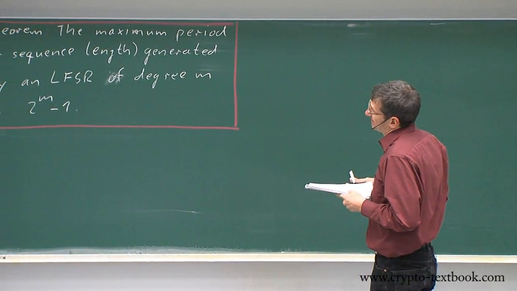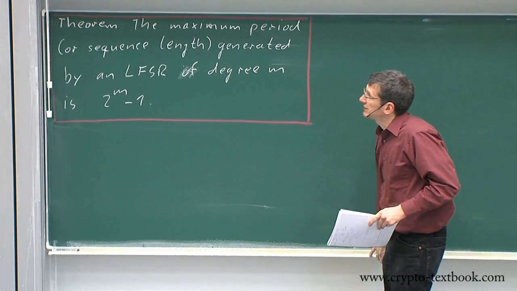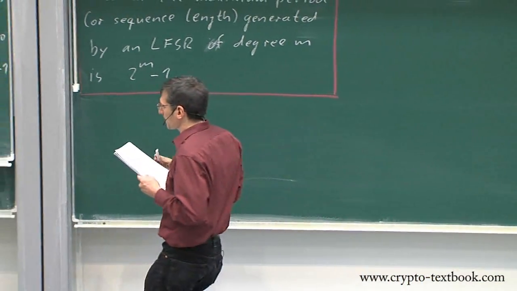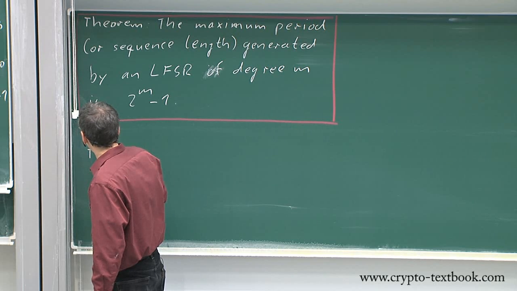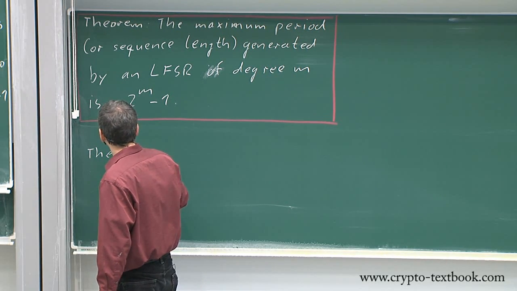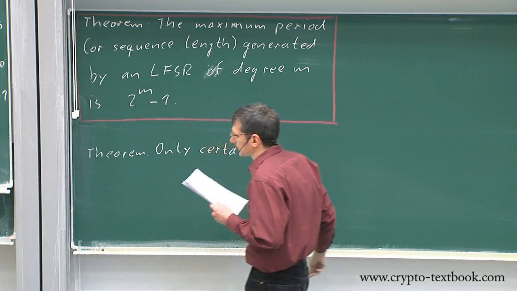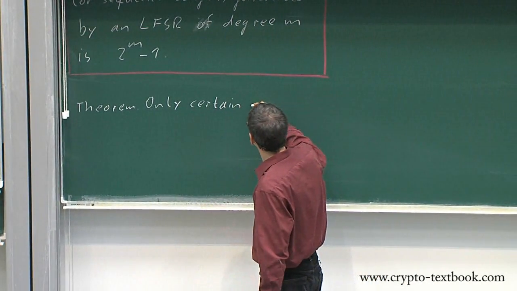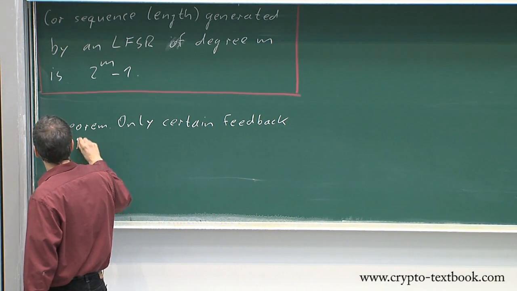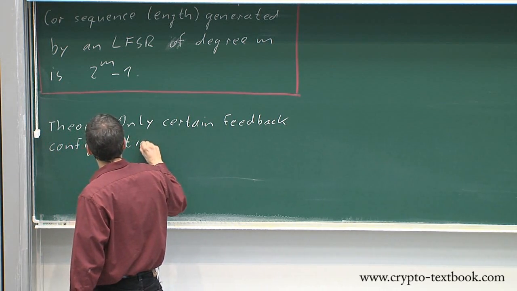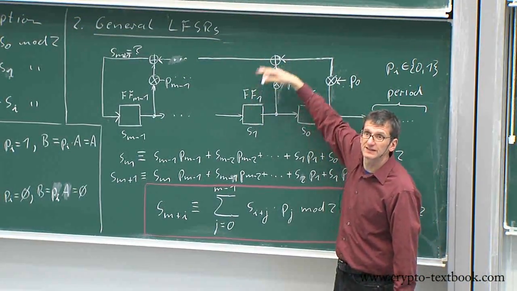Okay, so the very important statement comes now next, namely, I'll do that as a theorem too. Theorem: only certain feedback configurations. What do I mean by feedback configurations? I mean, the feedback is everything that's here in the upper part of the drawing.